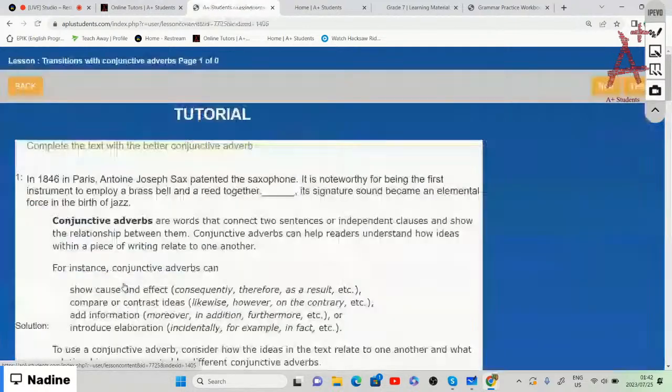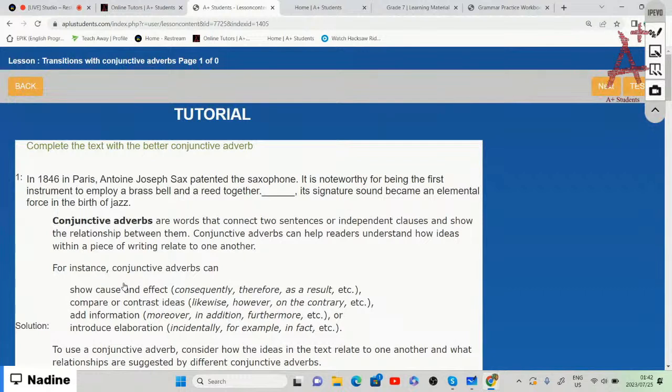Transitions with conjunctive adverbs. It is words that connect two sentences or independent clauses and show the relation between them, right? So conjunctive adverbs can help readers understand how ideas within a piece of writing relate to one another, right?